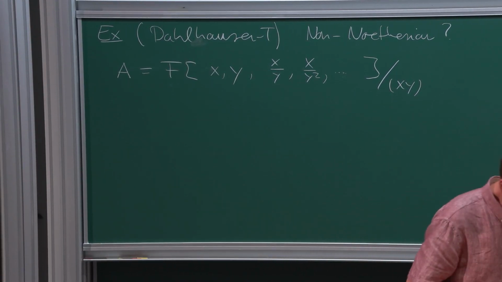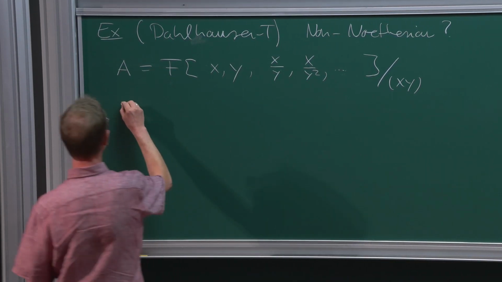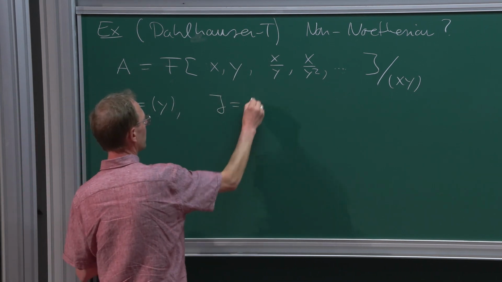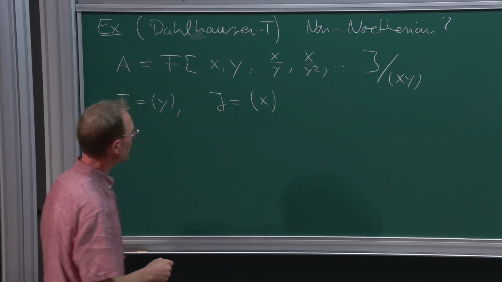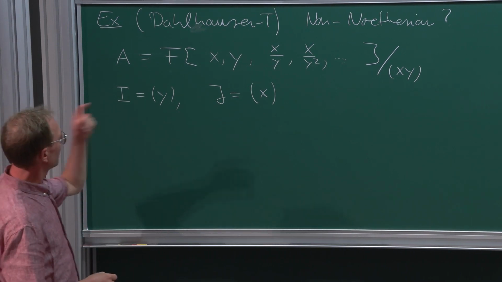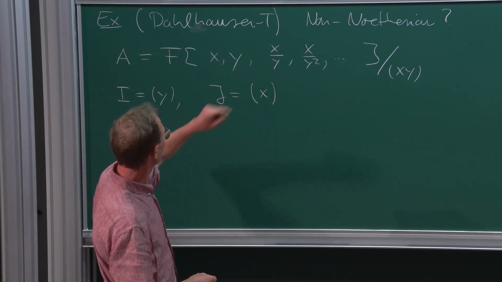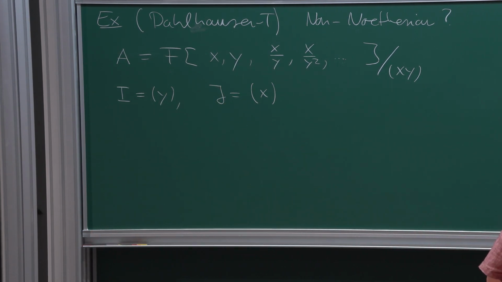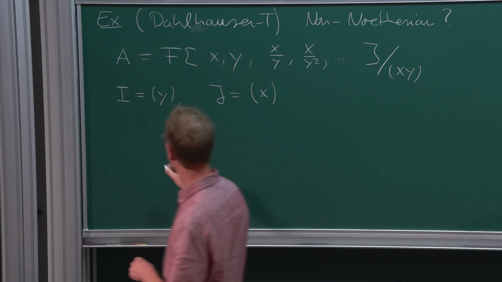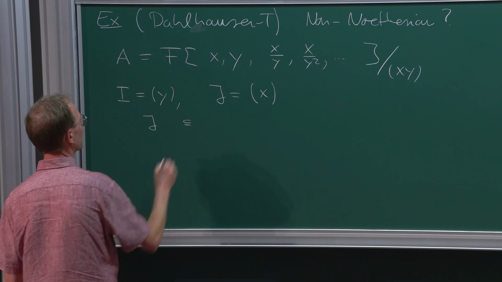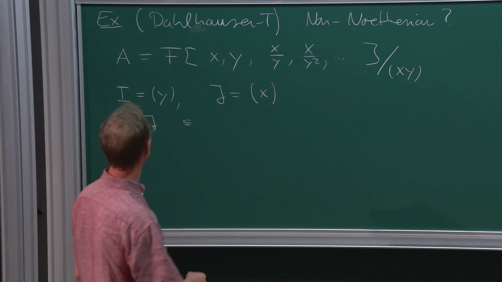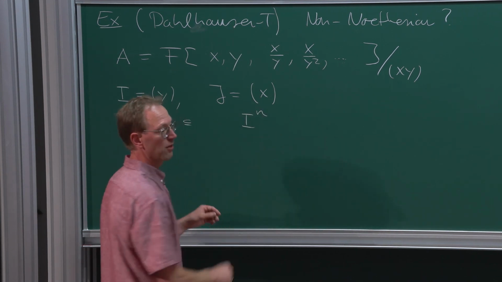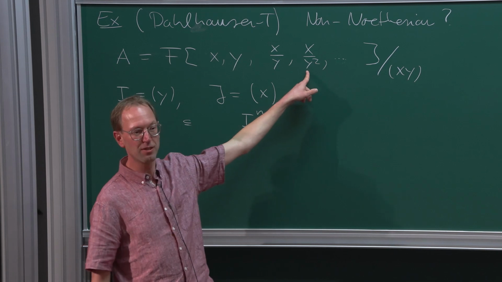And then I want to consider the following ideals. I is the ideal generated by y, and J is the one generated by x. Let me check that I don't write something stupid here. Yes, so we have that J is contained in any power of I, because x is a multiple of y to the n.